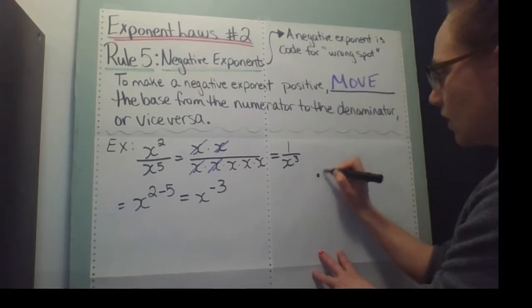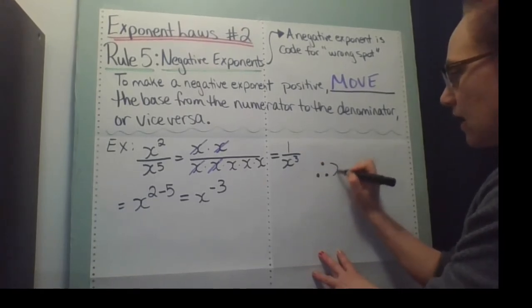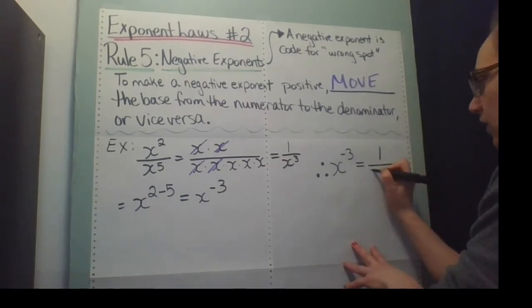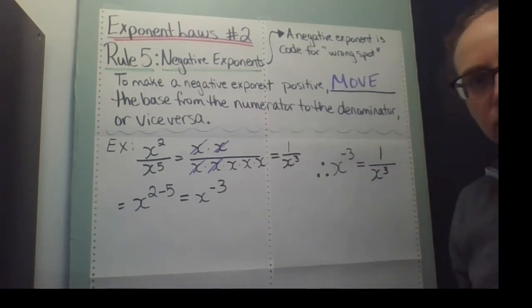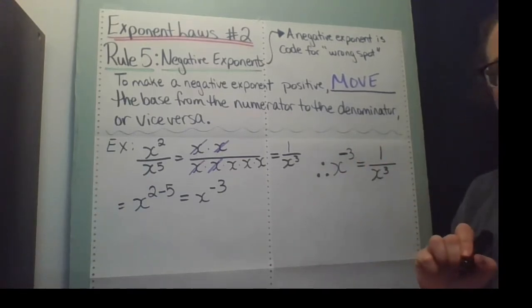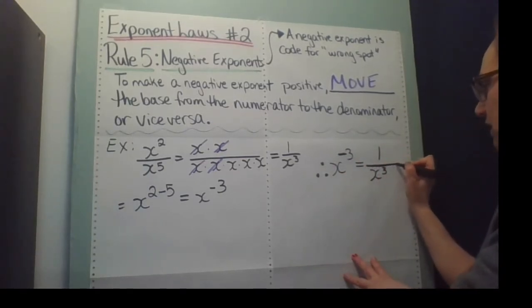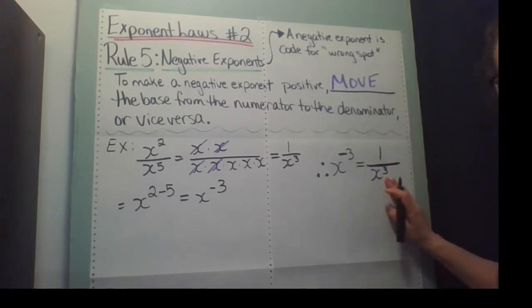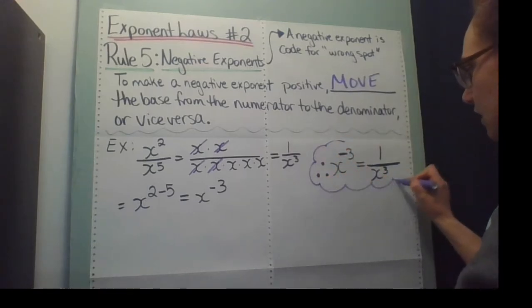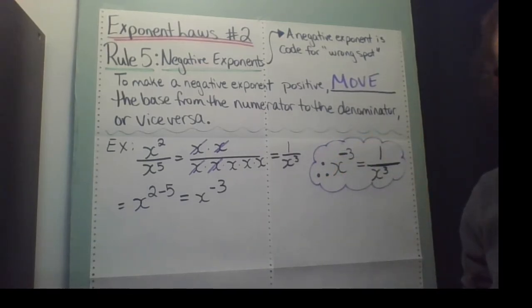Therefore, I can say x to the negative 3 is 1 over x to the 3. So there's my rule in action. That negative exponent really means to put it down into the denominator. Okay, so this is important. This is today's mission.